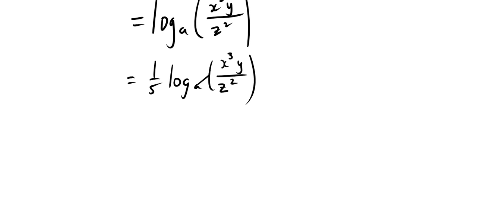Now I can split up the argument of the log into separate ones using the other two properties we just looked at. So it's x cubed times y divided by z squared. You could do this in 2 steps, but I think let's jump to the end point here and let's all do it in one. But if you like, you could think of it as 2 separate steps.